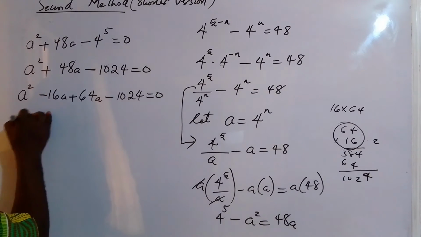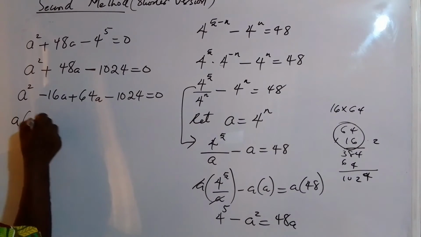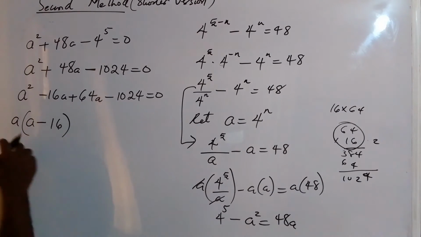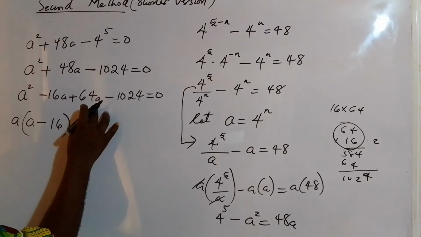If we group and factorize, we have a times a minus 16, plus what is common here?